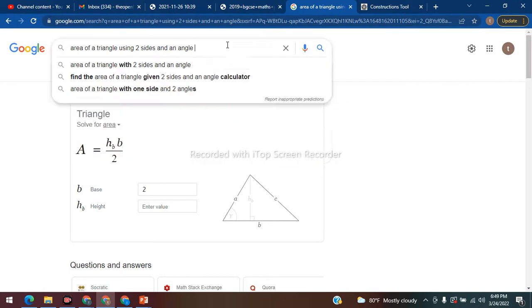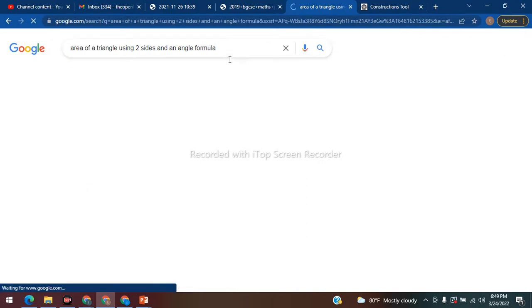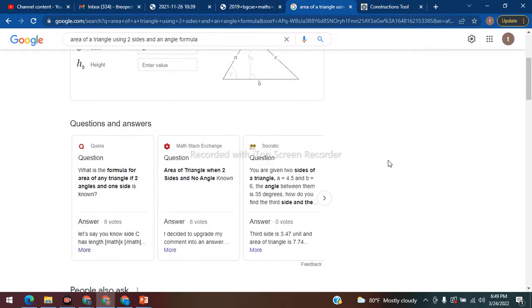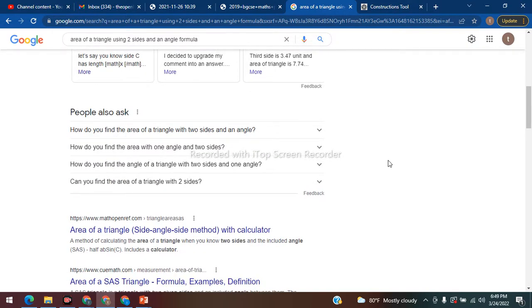Let's see if there's a formula for that. Side, angled side.